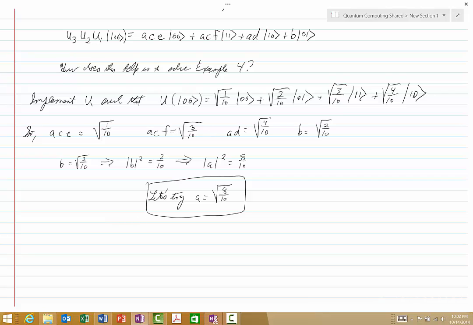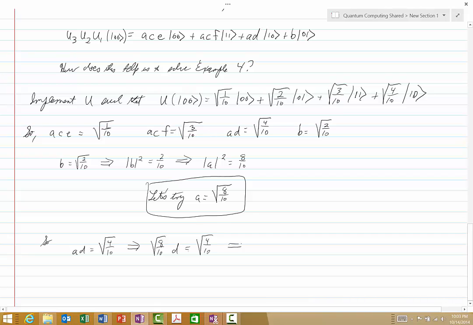Now, if this is true, then we can go to the equation. Remember we have here AD equals square root of 4/10. So when we substitute in for A, AD equals square root of 4/10, and so with the value of A that we're trying, that would imply that square root of 8/10 times D is equal to the square root of 4/10.